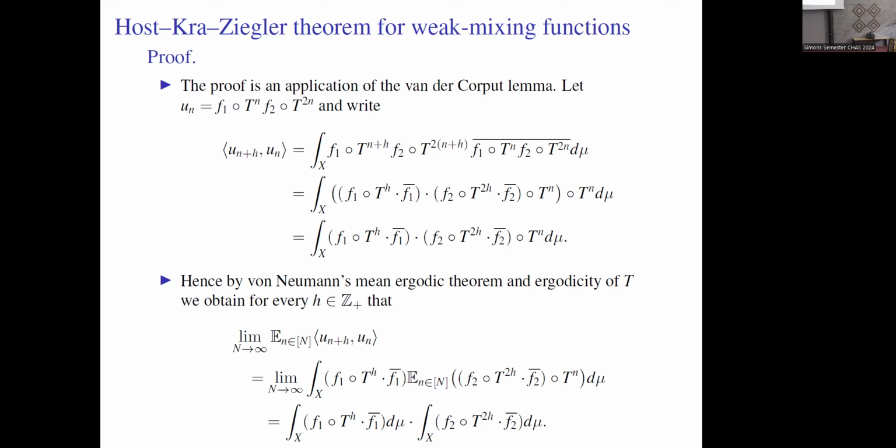Now if we average over n and pass with capital N to infinity, we can insert this. The good thing about this part is that it's independent of n, so we can put the average on this part, and we can use the polynomial ergodic theorem and ergodicity.